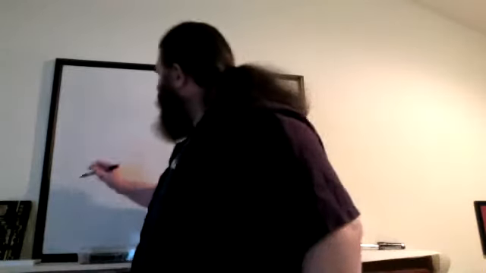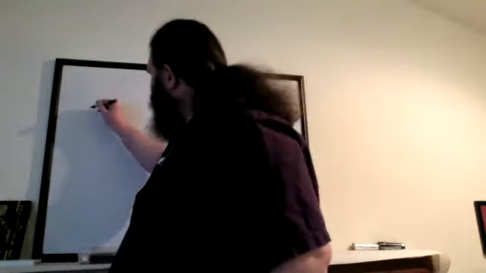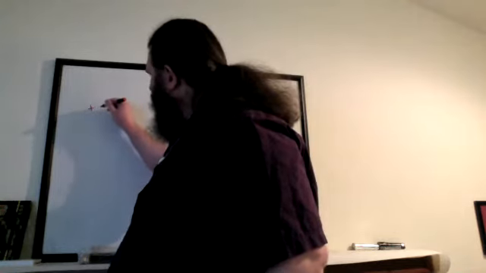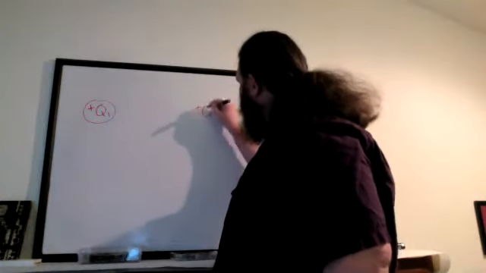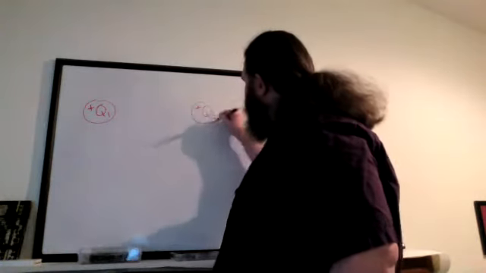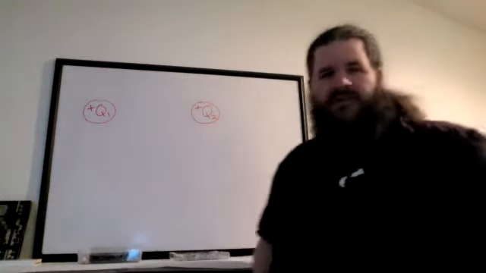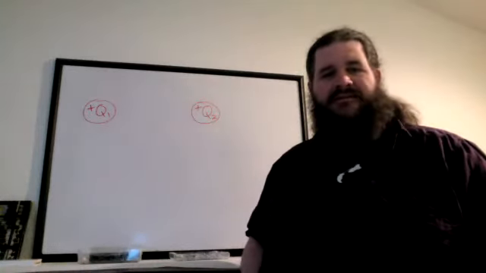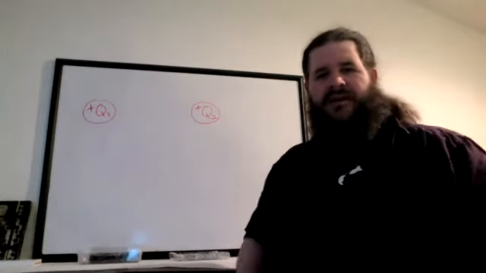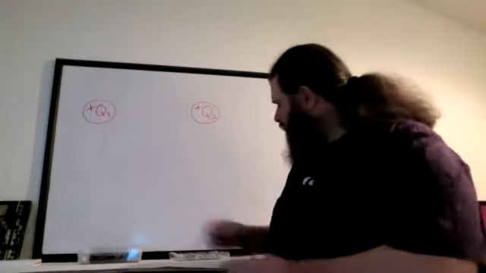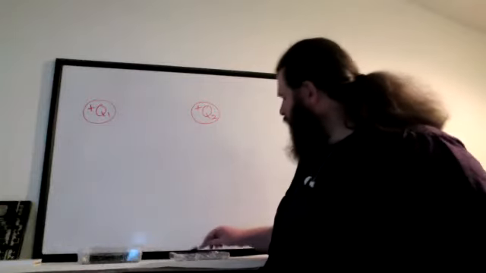So let's say we have a couple of charges. Let's say a positive charge, positive Q1, and another positive charge, positive Q2. What would you expect these charges to do to each other? Yeah, they're going to repel, which means there's going to be forces involved.